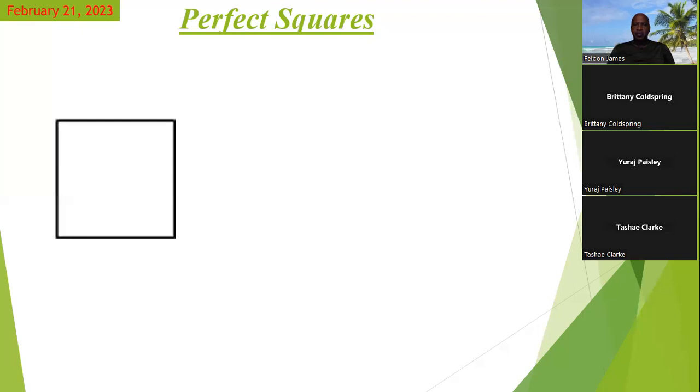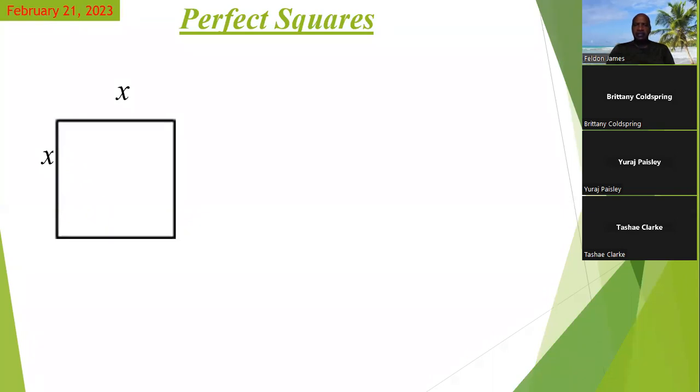And so what we're seeing here would be what we would refer to as a perfect square. Now, from an algebraic point of view, we could actually find the area of this square if we use the variable x as the length of the side of the square.